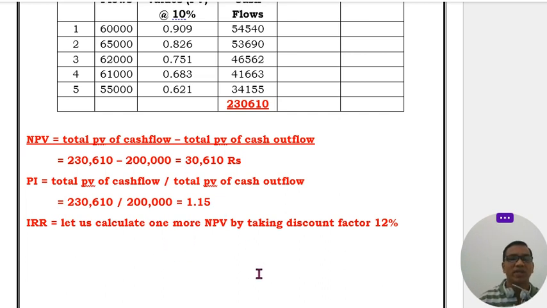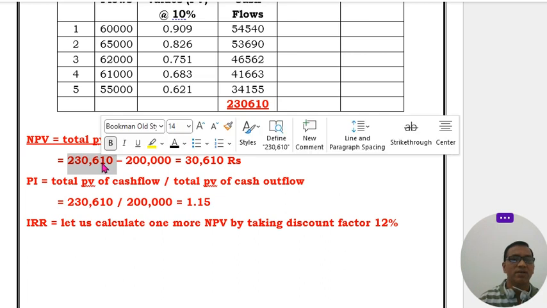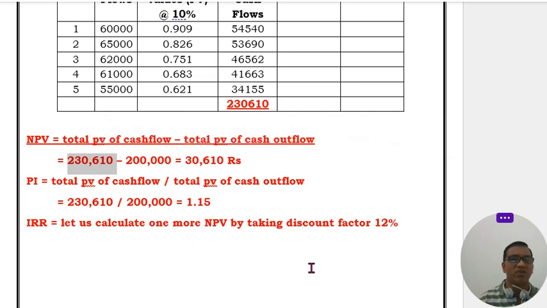Why you have to take more than 10% is because you have to decrease this value. If you want to decrease this value, you have to increase the discount factor. If you want to increase this value, you have to decrease the discount factor. You have to take the opposite relation. So in this problem, since I want to decrease this value, I am using a higher discount factor, more rate of return, that is 12%.